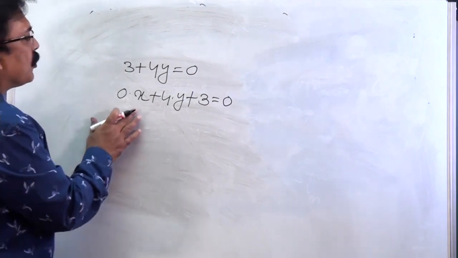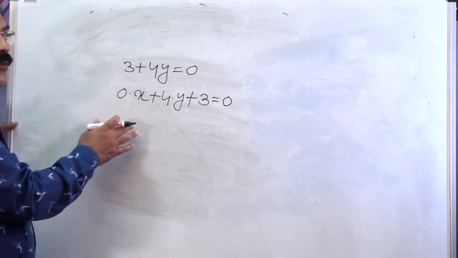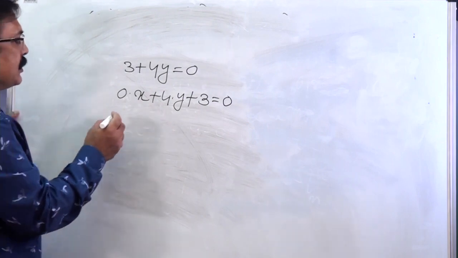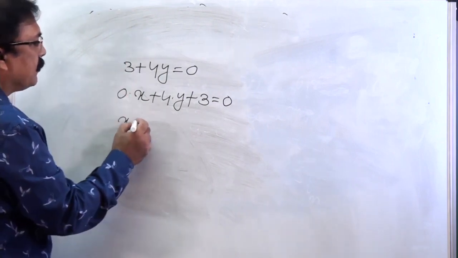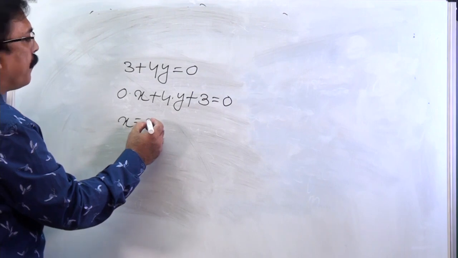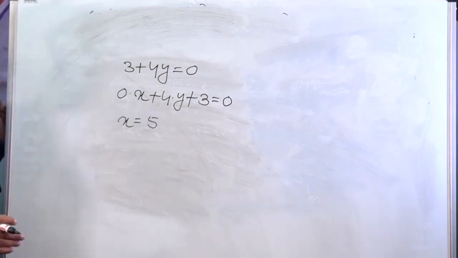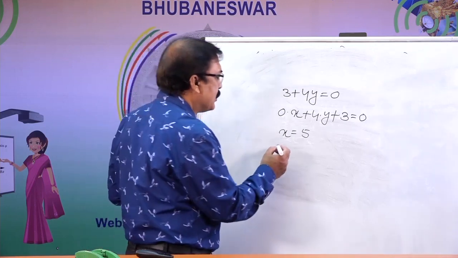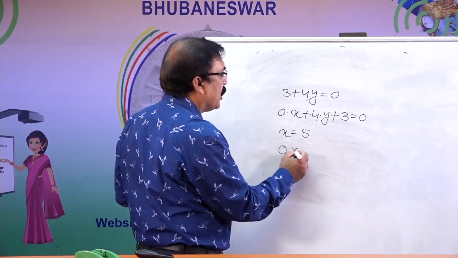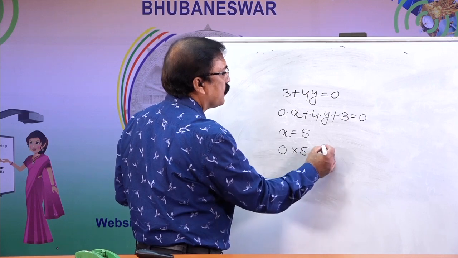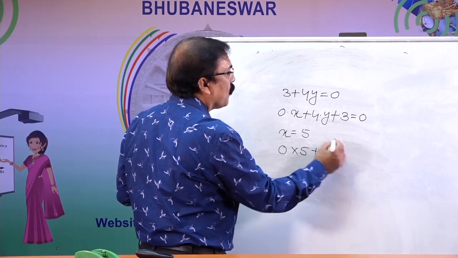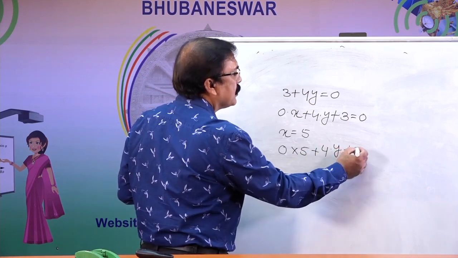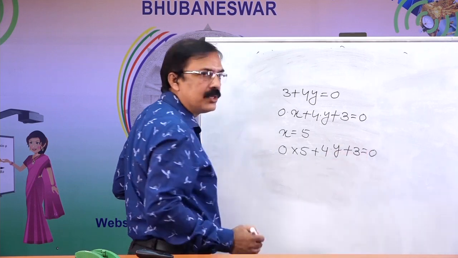Okay? So if we put any value of x, say x equal to 5, then what happens? We get 0 into 5 plus 4 into y plus 3 is equal to 0.